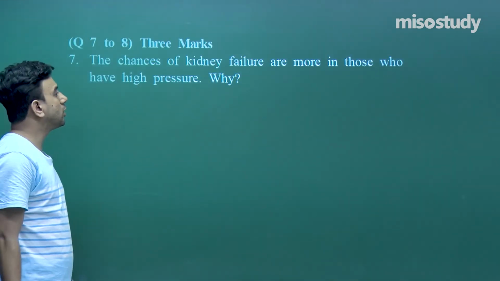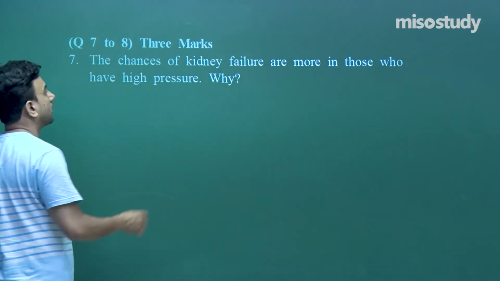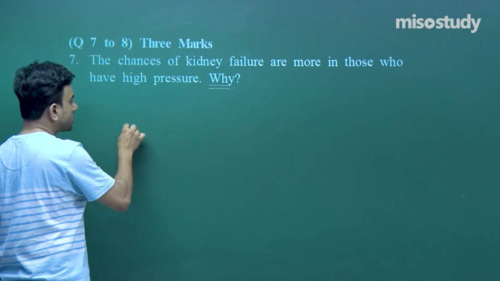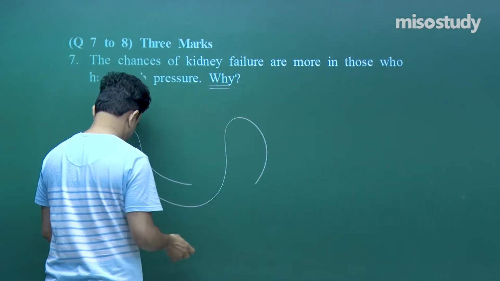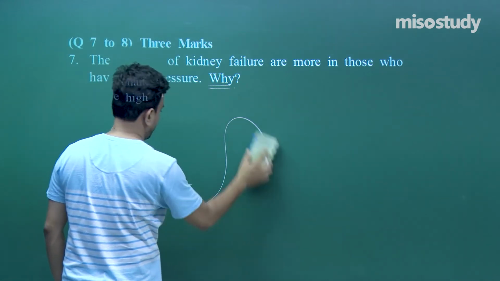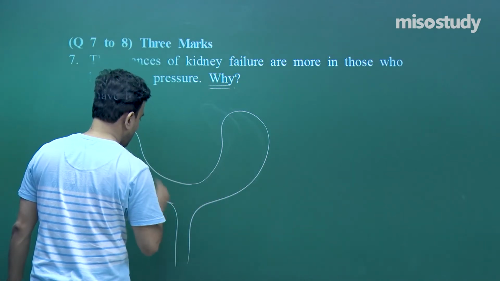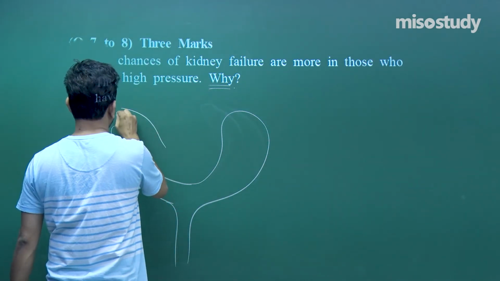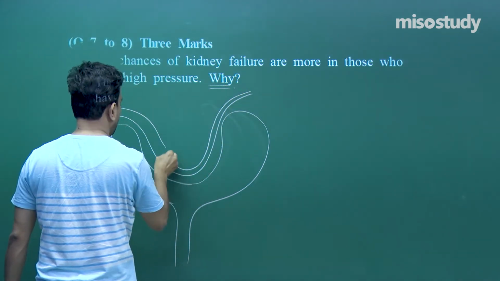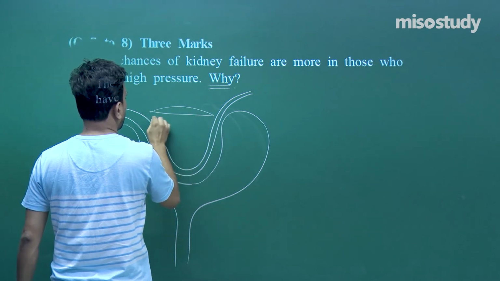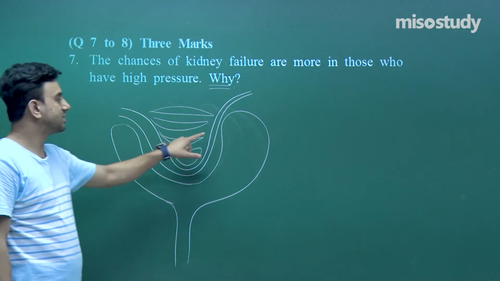The chances of kidney failure are more in those who have high pressure. Why? These are the glomerular capillaries, this is the afferent arteriole and this is the efferent arteriole.